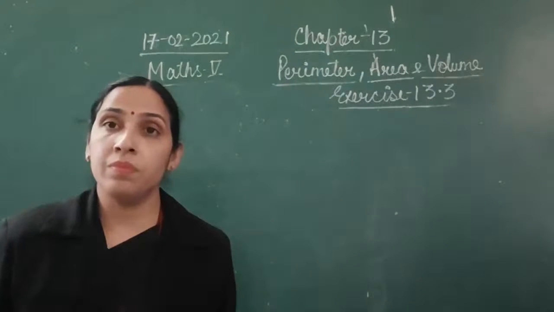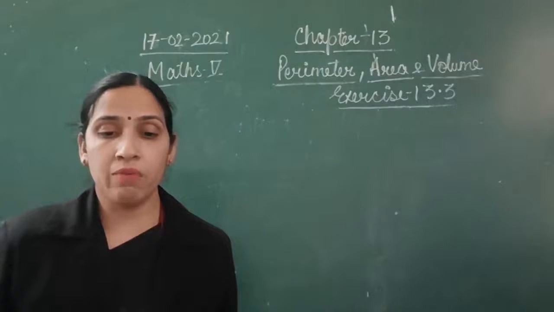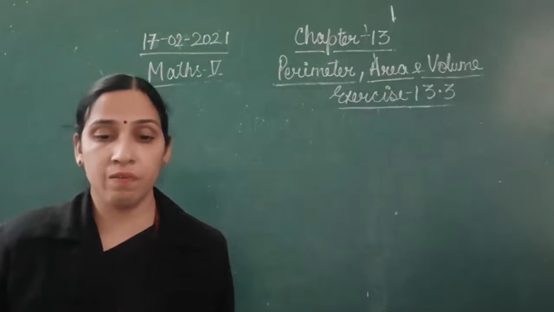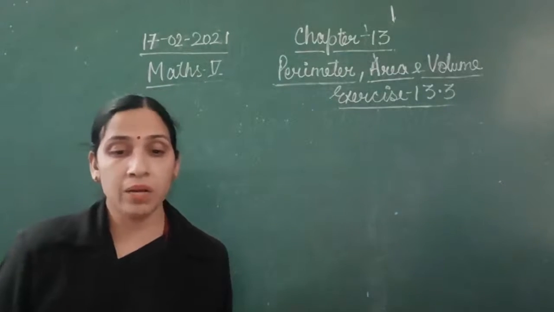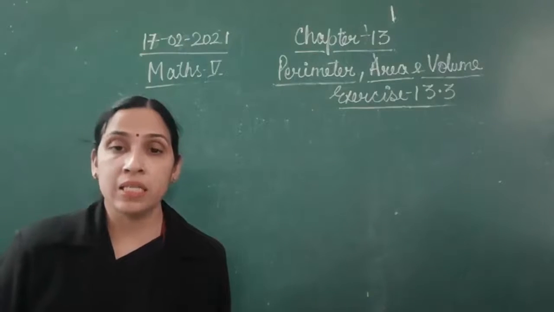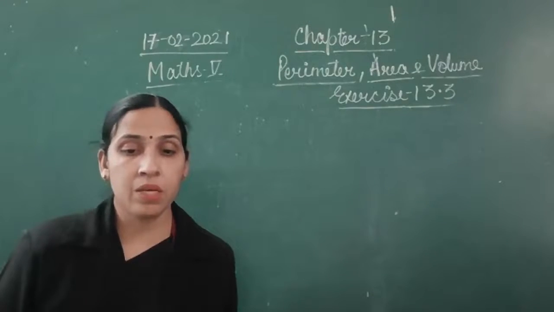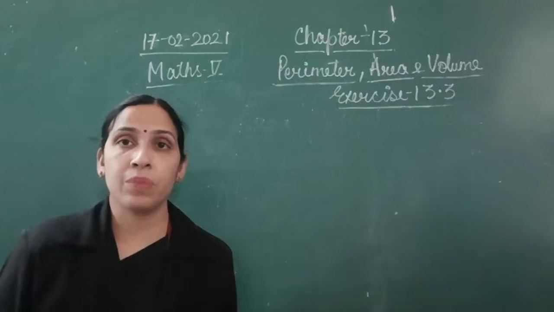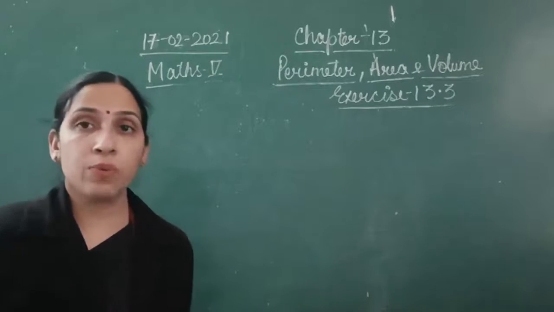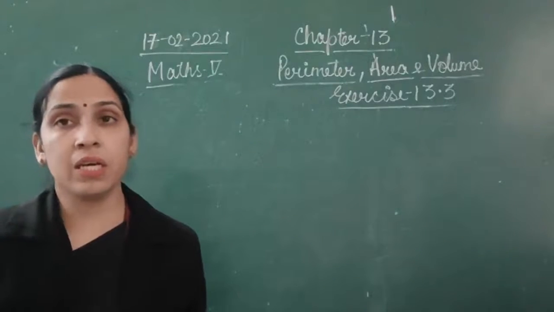Now, the side of a square field is 75 meter. Find its perimeter and area. So let's start with this question number 7. What is given here?